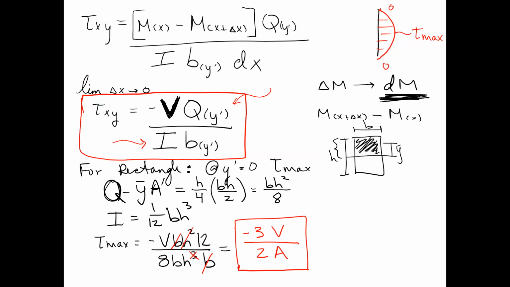So another common shape that we run into is an I. These are very commonly used as beams. This vertical part here is what we call the web. These other parts are what we call the flanges.